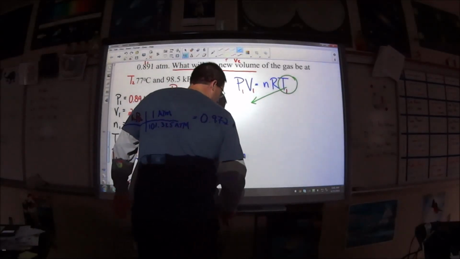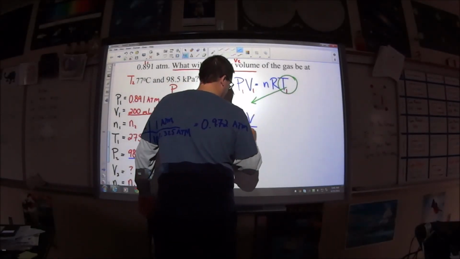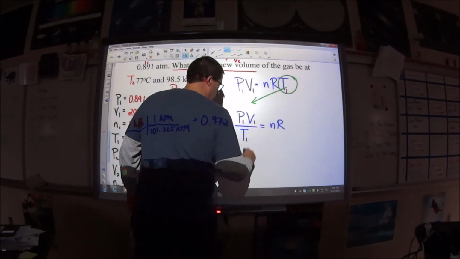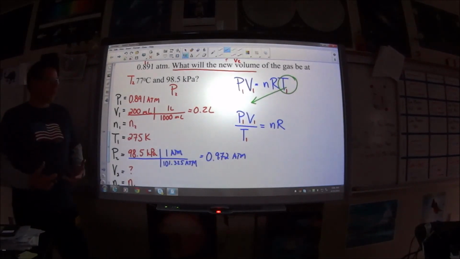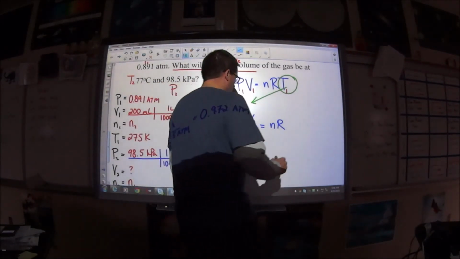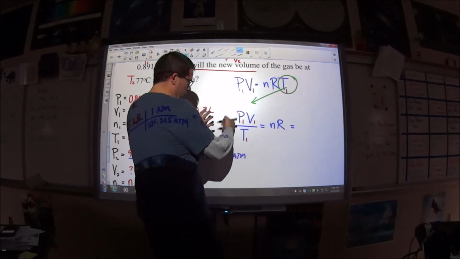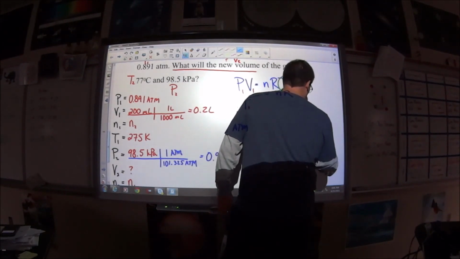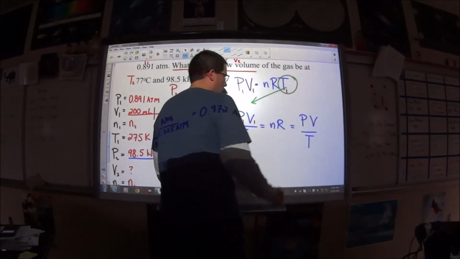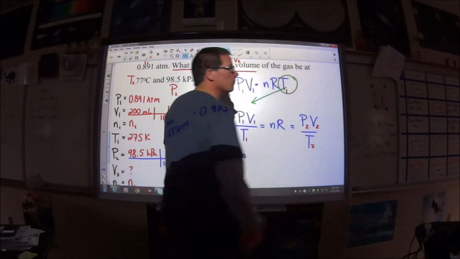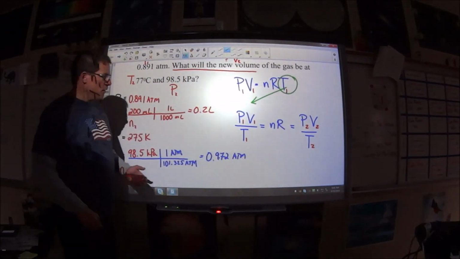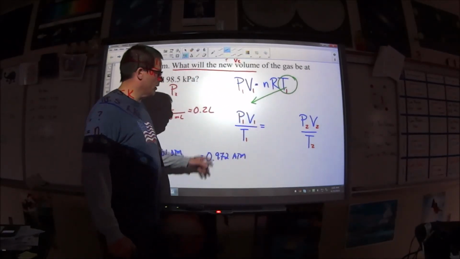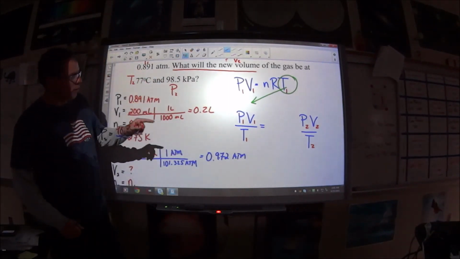So now we've got PV over T is equal to NR, and again, these are all initial conditions. I would do the same thing with the final set of conditions, so I'm going to have P2, V2, T2. Keeping in mind that N and R do not change. So there's our equation. We've got P1, V1 over T1 is equal to P2, V2 over T2.